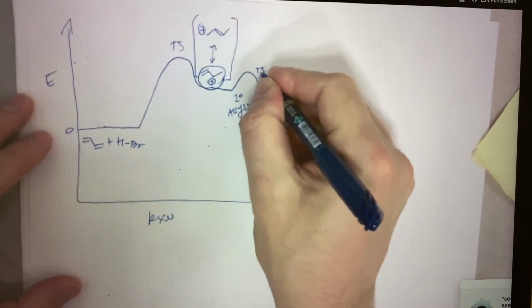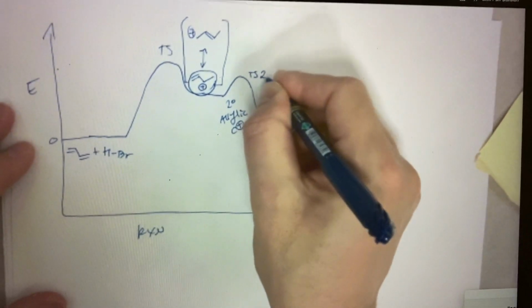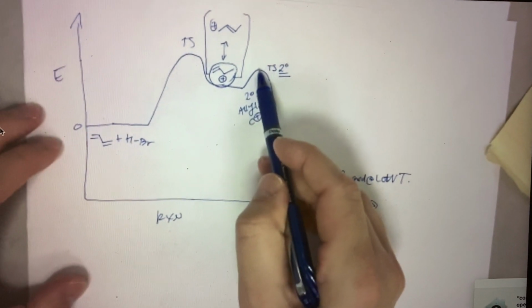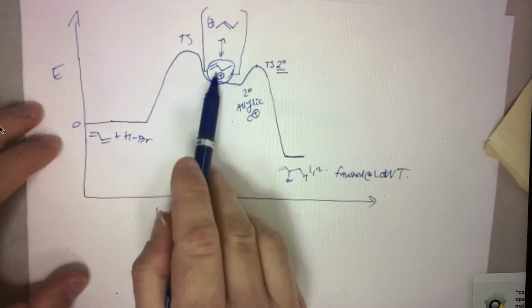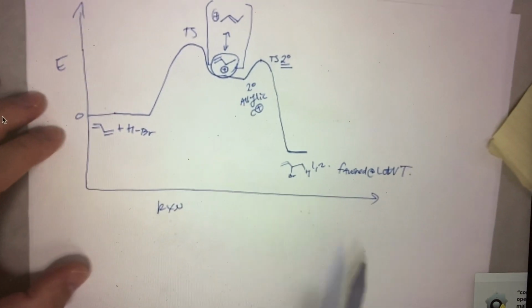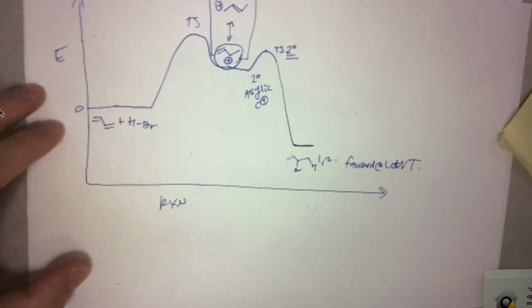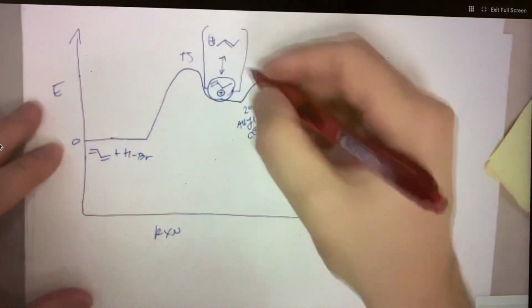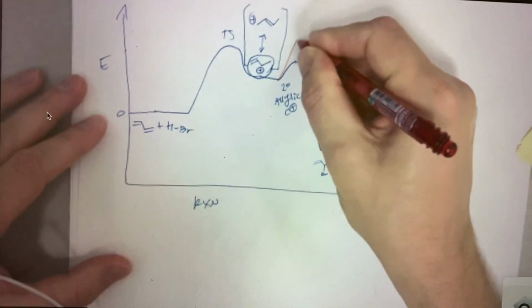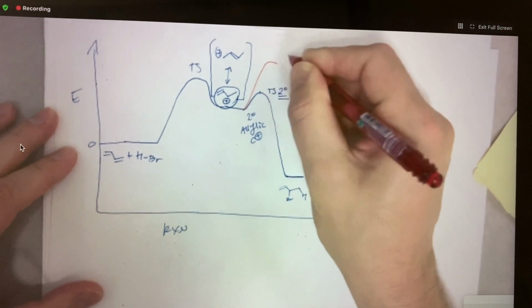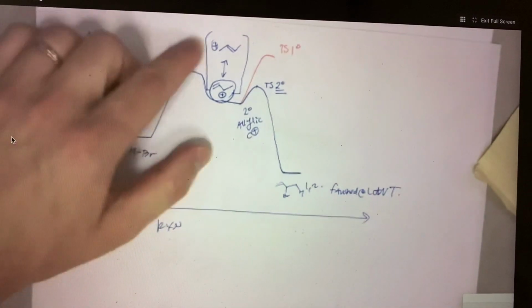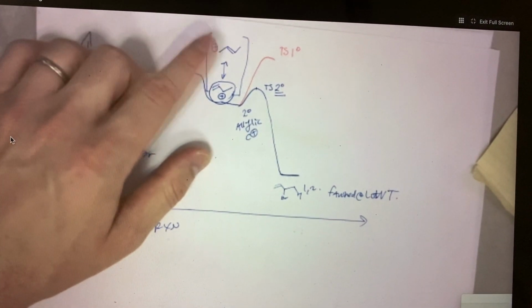And this is the transition state for the secondary form. This point right here is the transition state to get us from here to here. If we're using the primary form of the carbocation, it's much, much higher in energy to use this particular one.